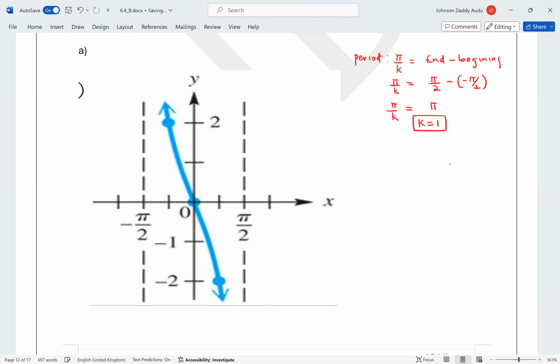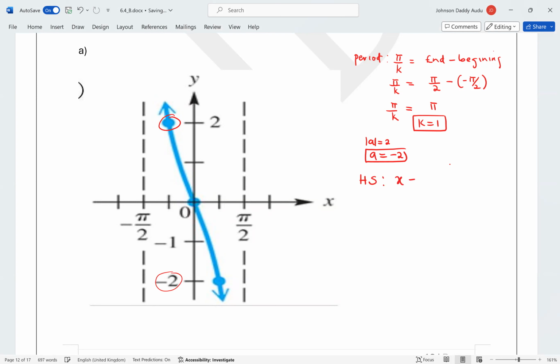And we know that a is going to be 2, or minus 2. But if you want to see it as a graph of tan, we know that the absolute value of a is 2. So we can take a to be negative 2. This is one option. This means that you want to consider it as a graph of tan, right? Do we have a horizontal shift?